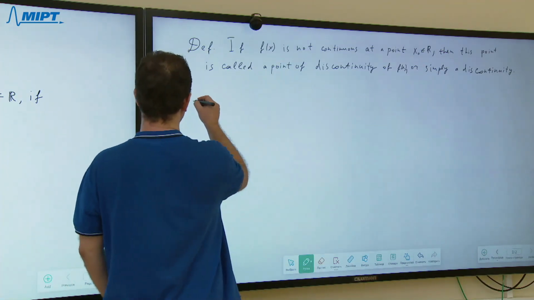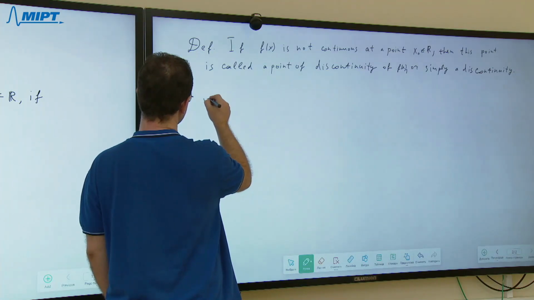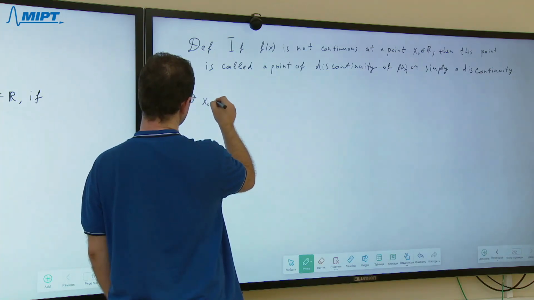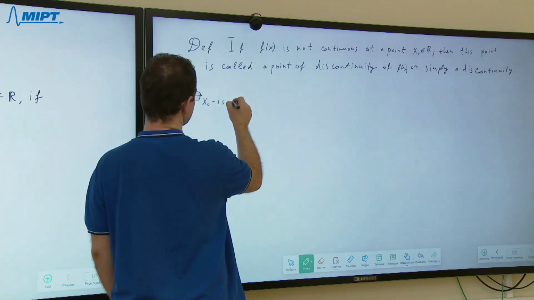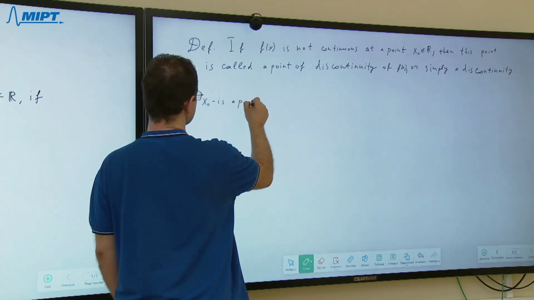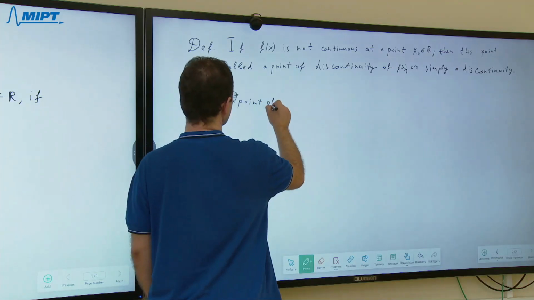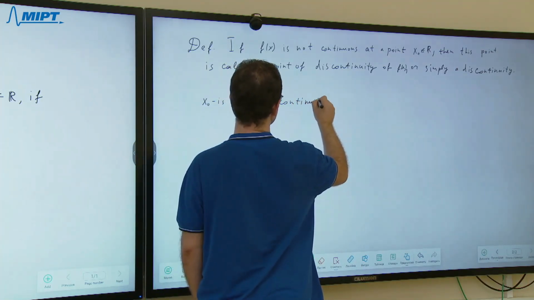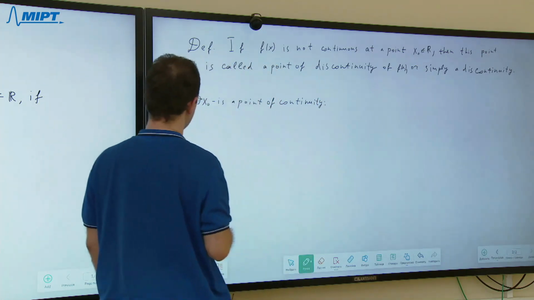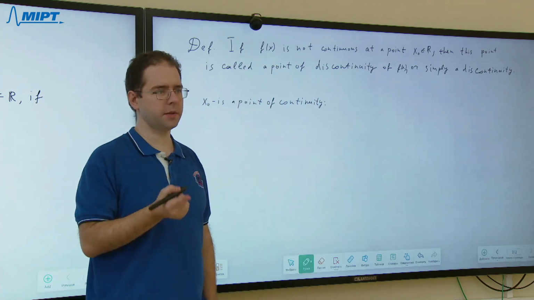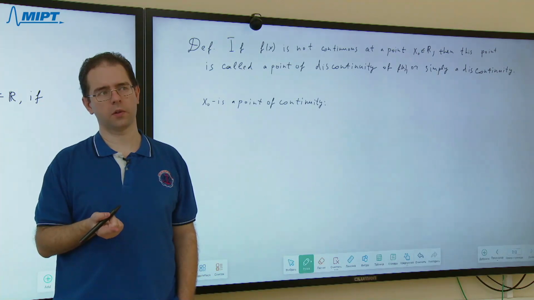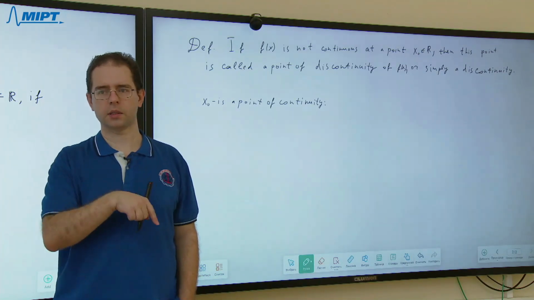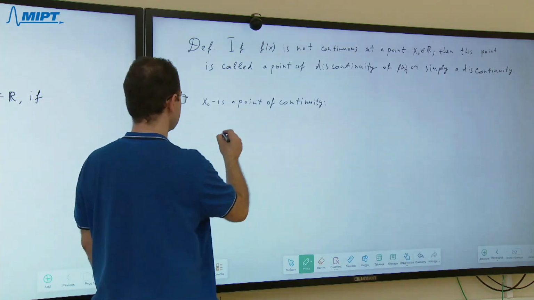So x0 is a point of continuity. So I'm just writing the definition of the limit of my function.